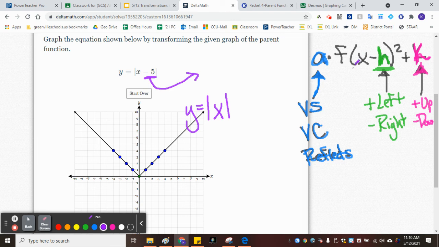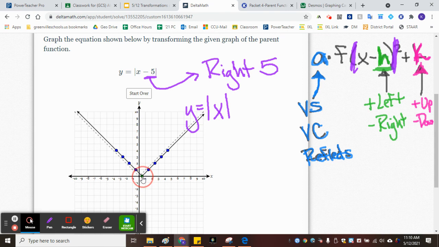Well, a negative 5 on the inside of my function, it's not squared anymore, it's bars, but it's still the same equation. A negative 5 on the inside moves it right 5. So I need to move this V shape right 5. So I'm just going to drag this 1, 2, 3, 4, 5.